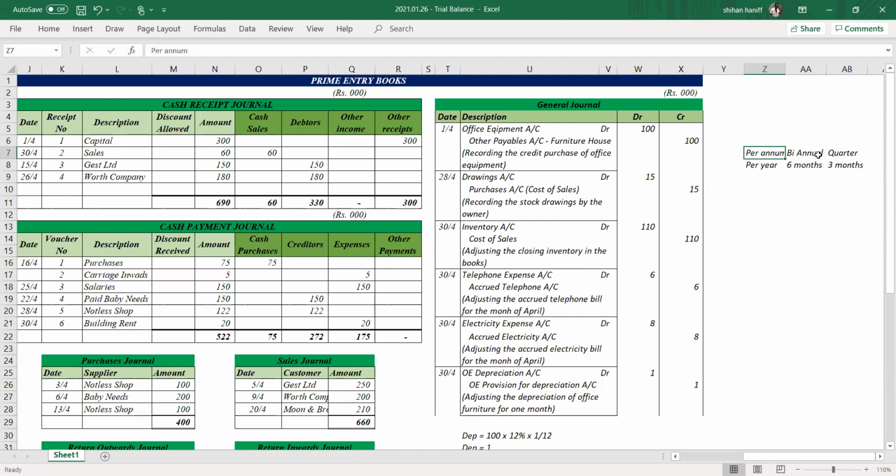Per annum is year, biannual means 6 months, quarter means 3 months.